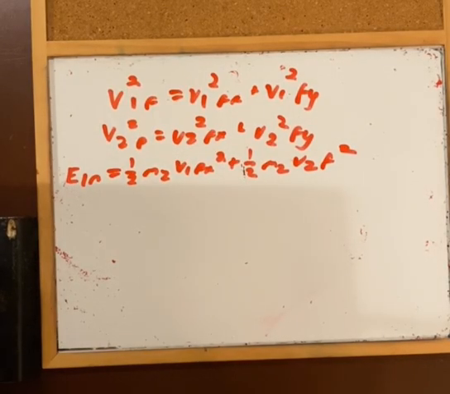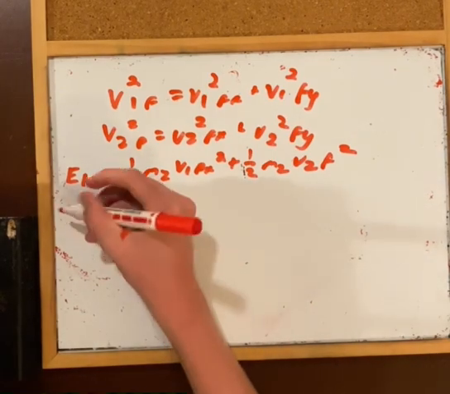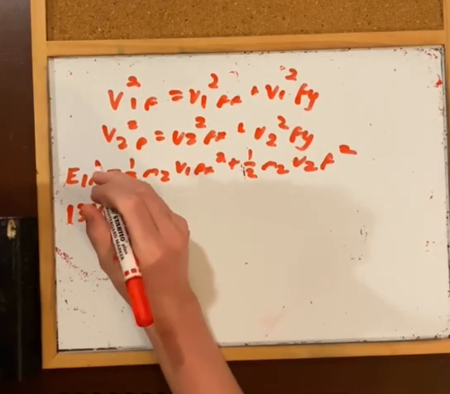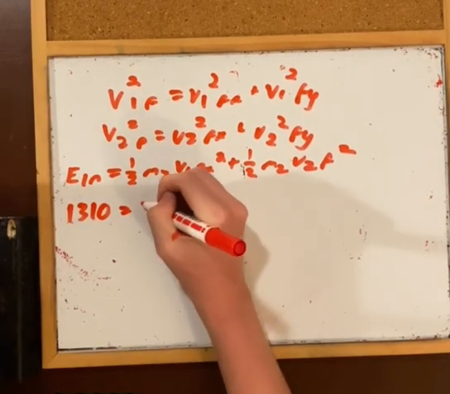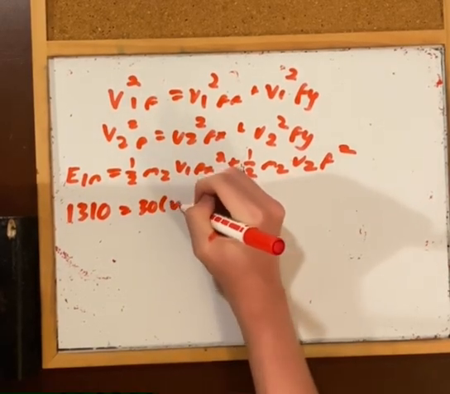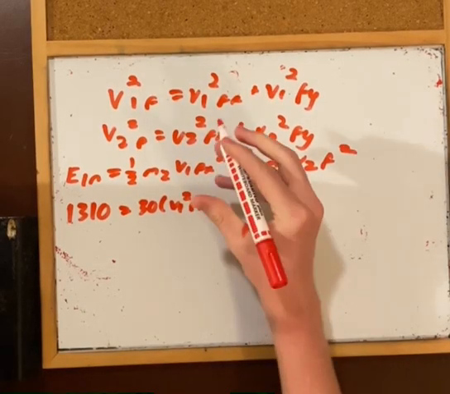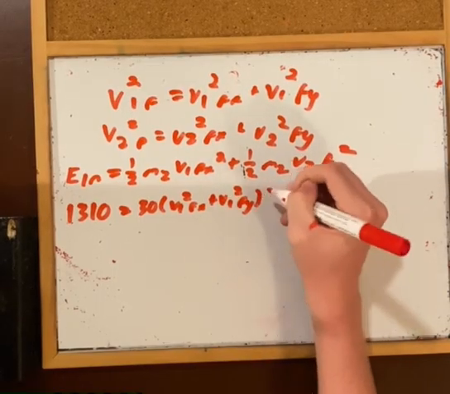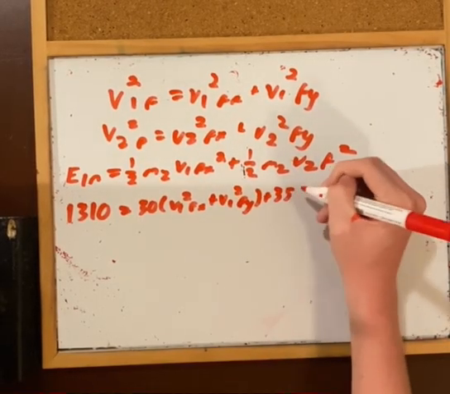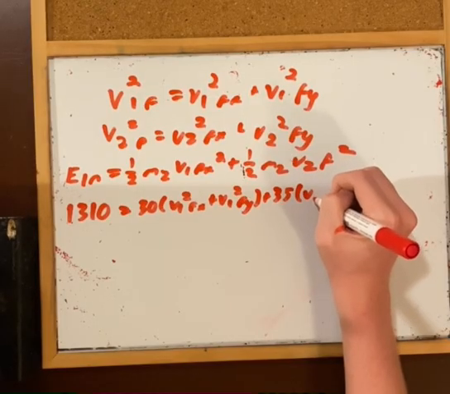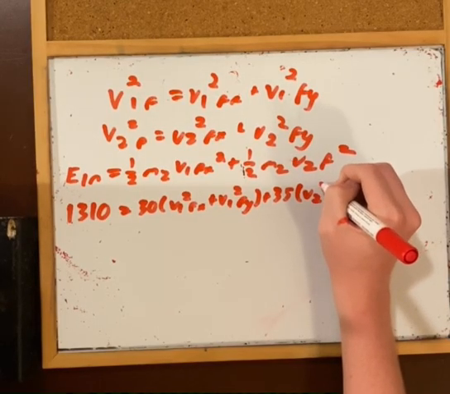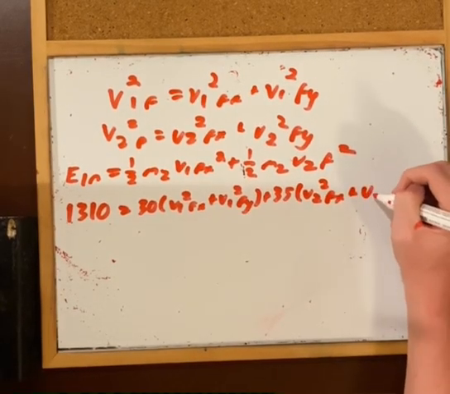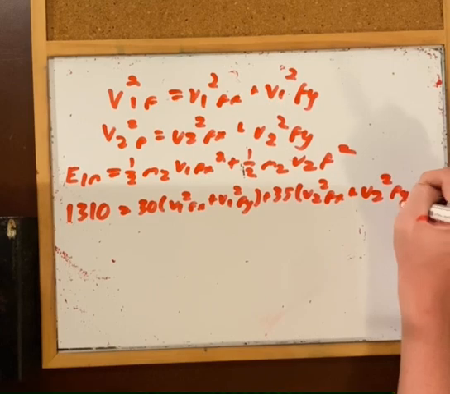And now we can do our substitution. So now we substitute our numbers. 1,310 equals 30 times v1f of x squared plus v1f of y squared plus 35 times v2f of x squared plus v2f of y squared.